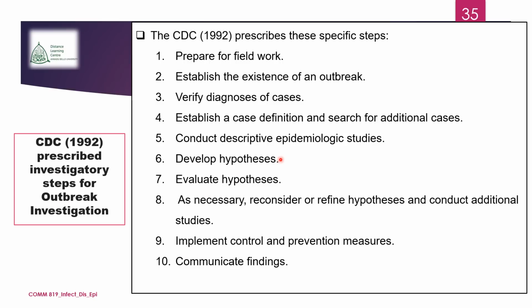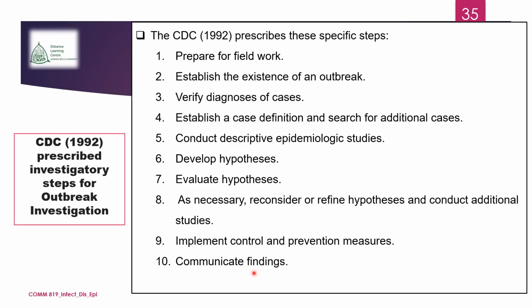Then you need to develop a valid hypothesis. Then you evaluate the hypothesis. Then, as necessary, reconsider or refine the hypothesis and conduct additional studies. If eventually at the end of the day the hypothesis didn't actually answer the question, then you need to review, refine, and conduct additional studies. Then you implement control and prevention measures in order to either minimize or eliminate the disease.